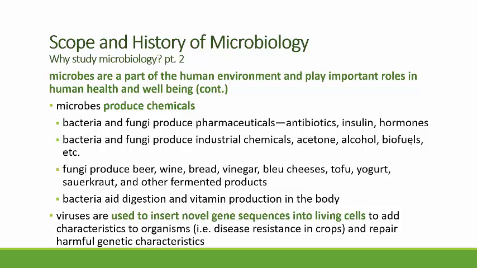We also use bacteria and fungi to produce industrial chemicals, materials like acetone. Nail polish remover is one use for acetone. Alcohol and biofuels and so many other things. It's involved in the production of high fructose corn syrup and just many, many industrial chemicals.